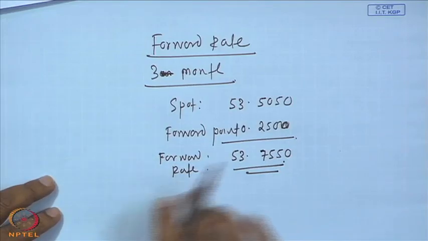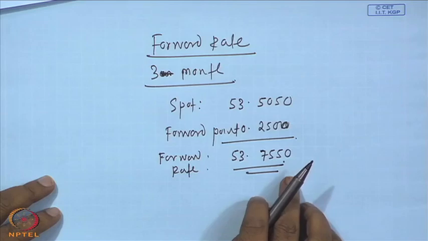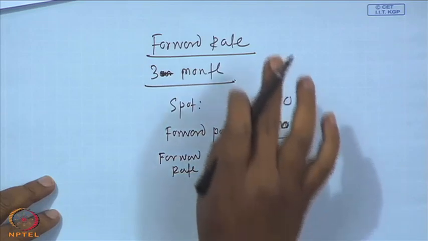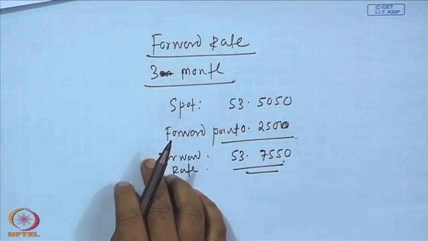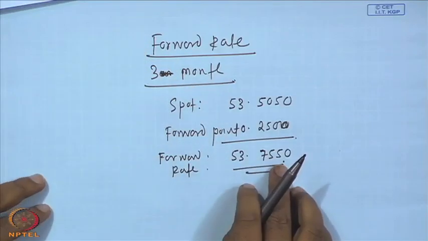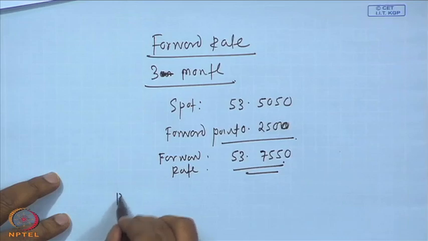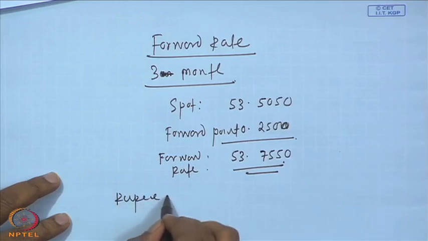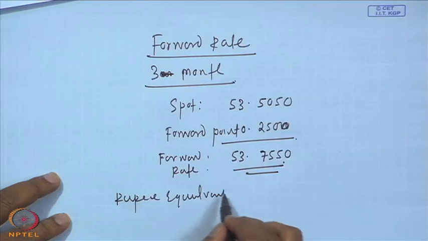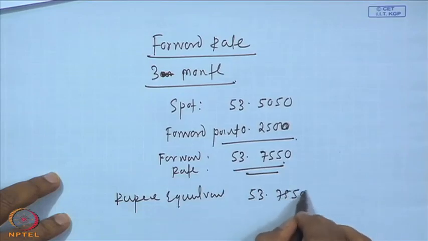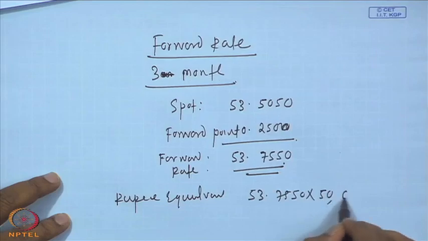Now, this rate is given by the authorized dealer to the exporter. Now, when the exporter surrenders $50,000, he will convert at this rate. Now, what is the rupee equivalent? Rupee equivalent is 53.7550 into $50,000.